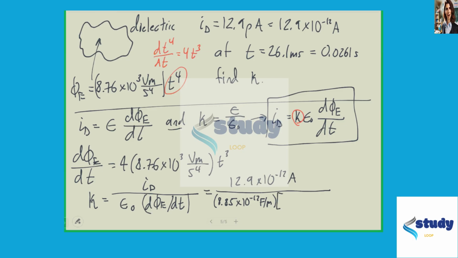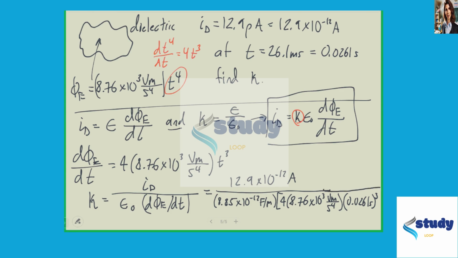So that's 4 times 8.76 times 10 to the 3 volt meter per second to the fourth times the time, 0.0261 seconds. And remember, that is cubed. So all of that is in the denominator.